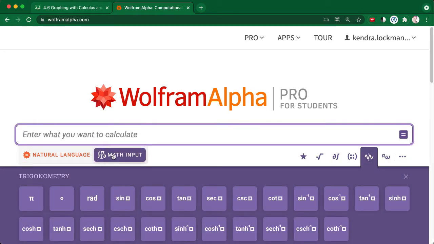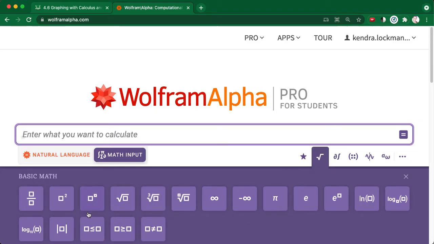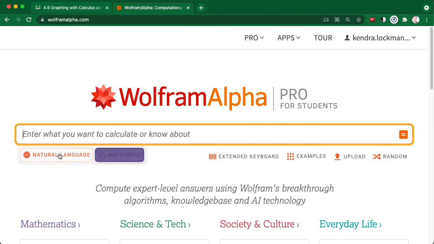There is math input, which has all of the functions and things that you might see in mathematical notation. I like the natural language input as a standard because I don't have to poke around and find symbols, and this way you just ask for it.